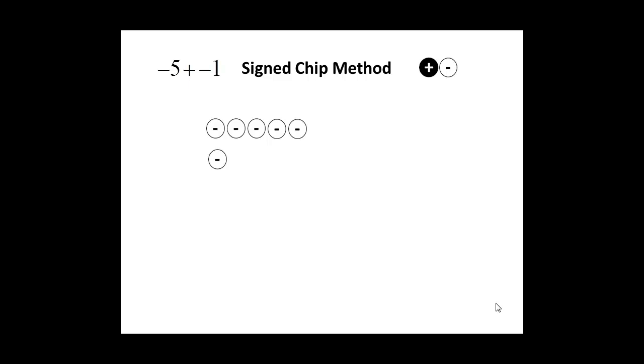They are all the same color. Therefore, we add the chips together, and there are 6 negative chips. So, -5 plus -1 equals -6.